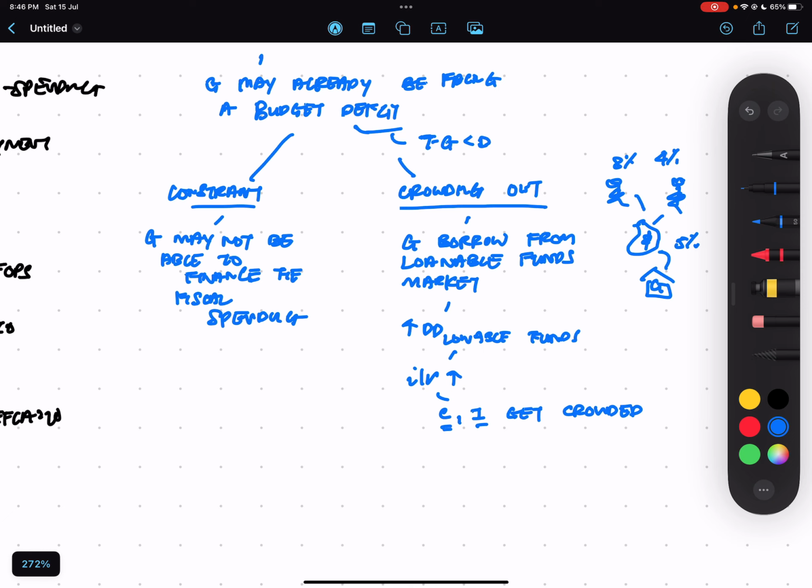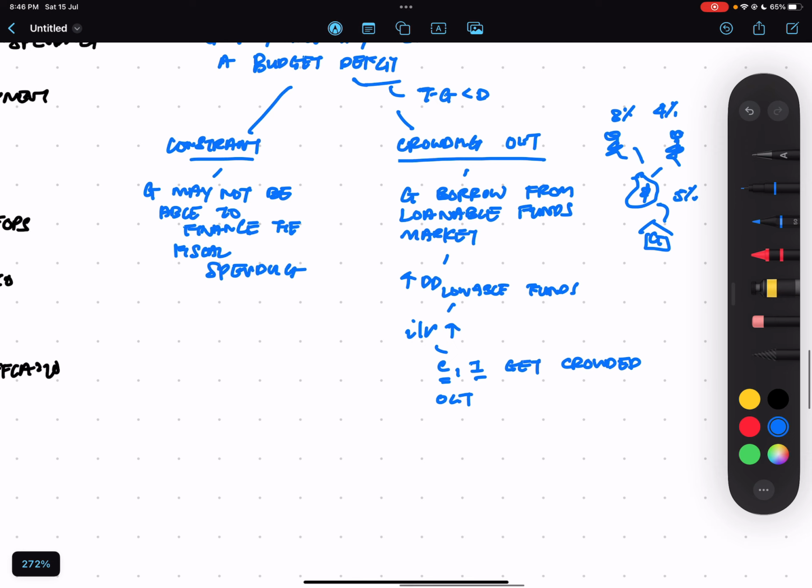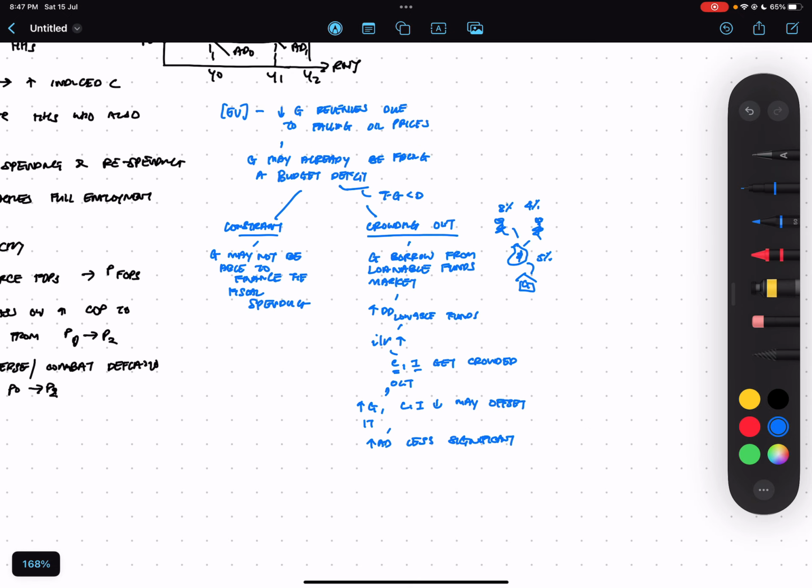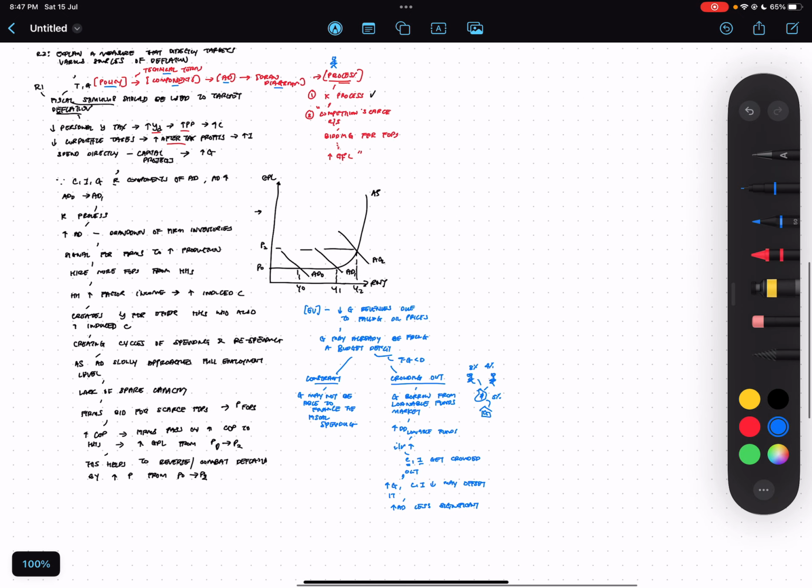That's why it's called the crowding out effect. The consequence is that even though there's an increase in G, the decrease in C and I may offset it, so the increase in AD is less significant. That can be another point of evaluation. Okay, so this is requirement number 1.